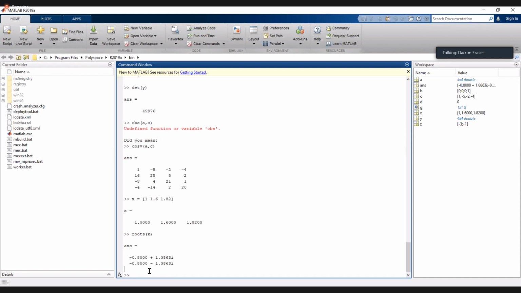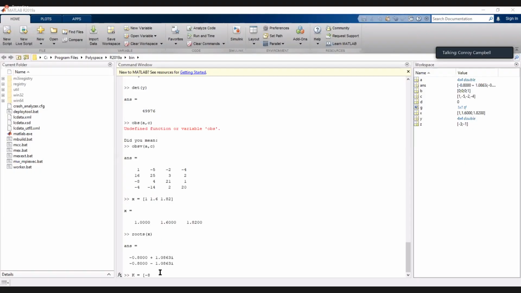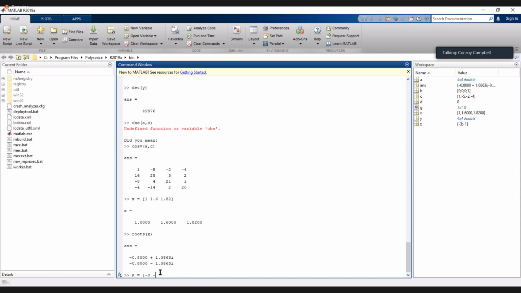So we're going to write down capital K is equal to, square bracket, negative 8, and the other 2 roots that are there: negative 0.8 plus 1.08i, and negative 0.8 minus 1.08i.